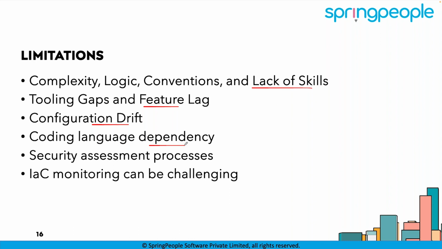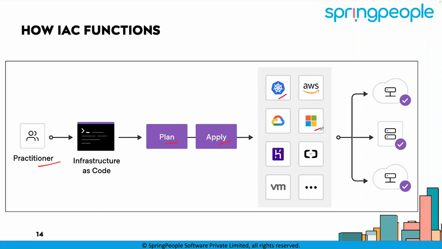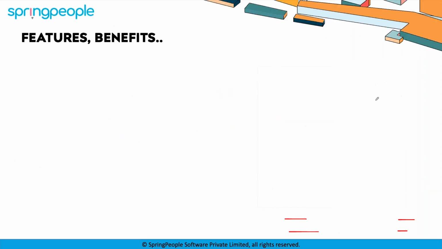When I say provider, it's an additional component. This is what I was talking about. This is a provider which understands the code, and it helps that particular service to be provisioned in the actual AWS.